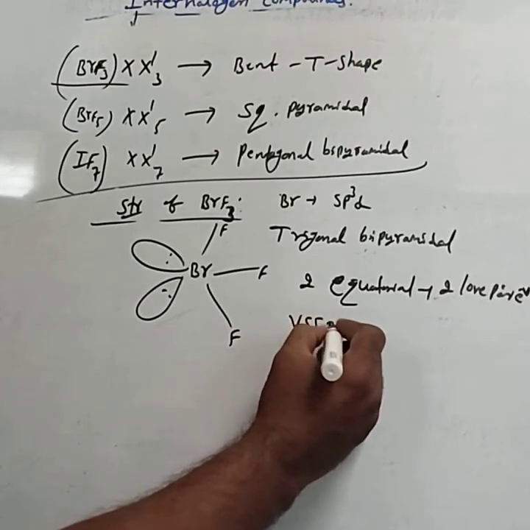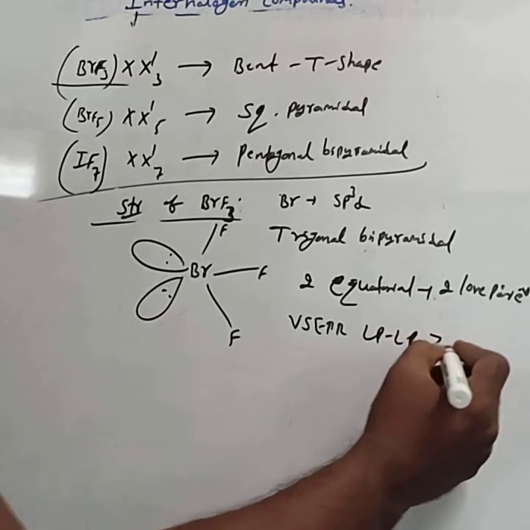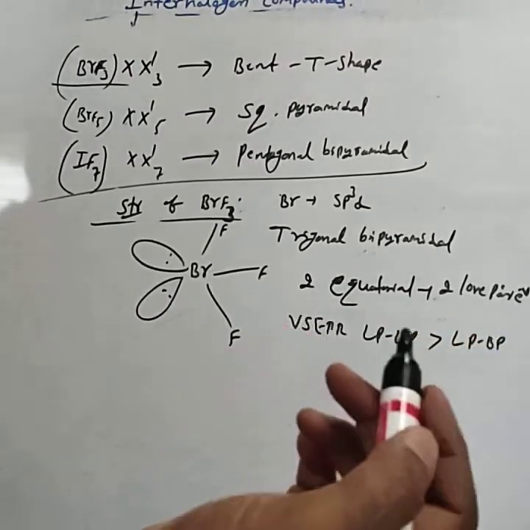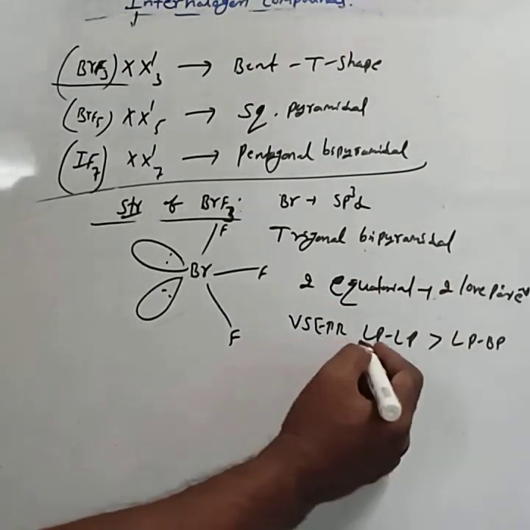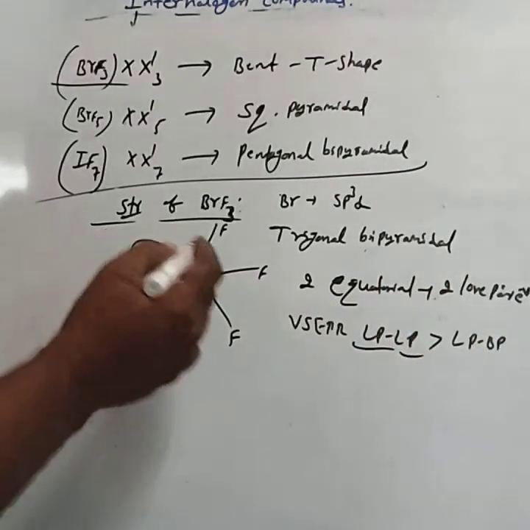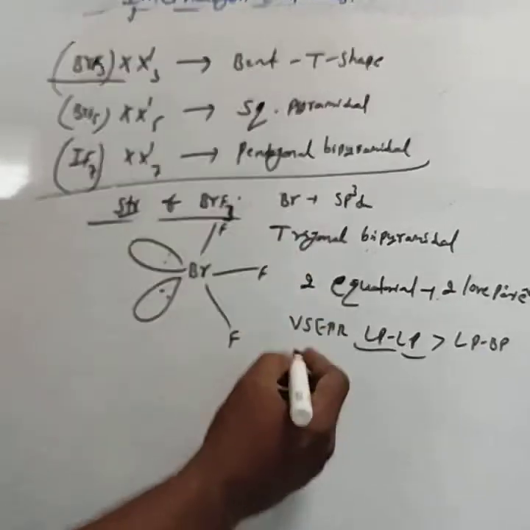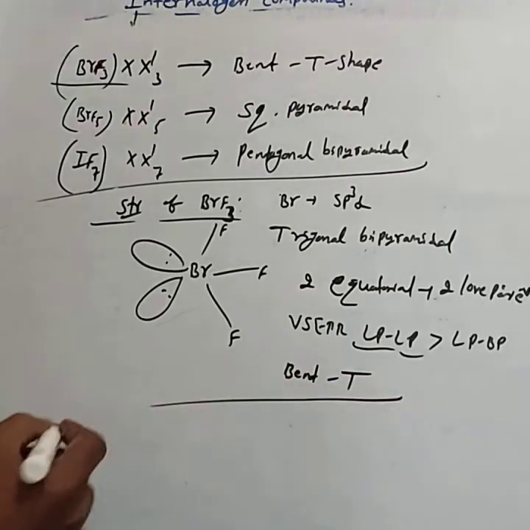According to VSEPR theory, lone pair repulsion is stronger than bond pair repulsion. Hence, due to this lone pair repulsion, the BrF3 molecule has a bent T shape.